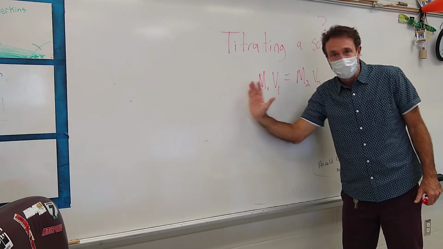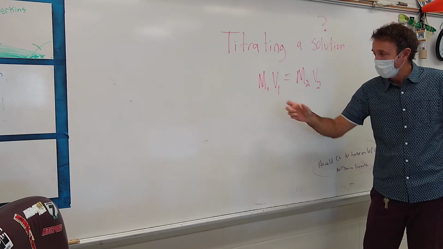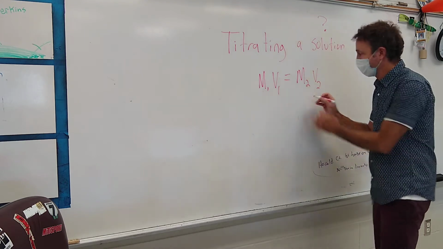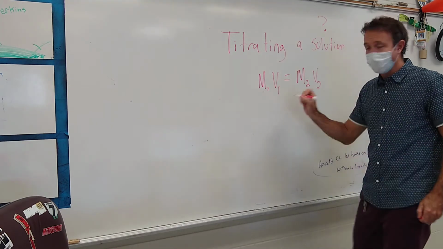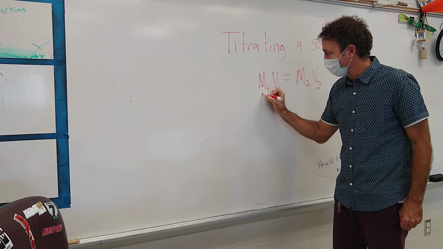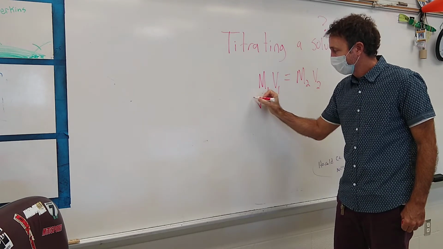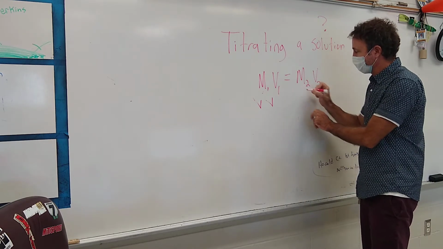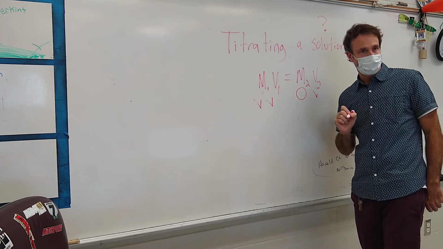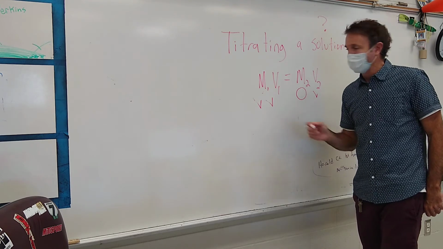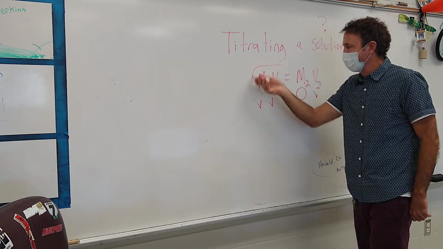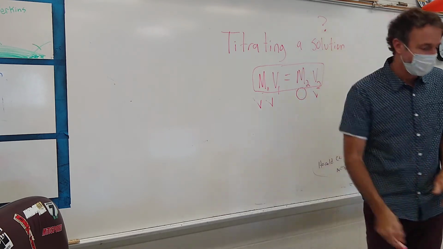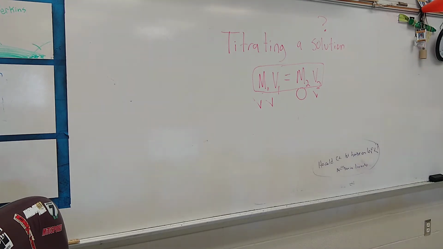Now, except for this, instead of diluting something, over here we'll have either the acid or the base, and over here we'll have either the base or the acid. So if we know the molarity and the volume of one of the substances, and we can calculate the volume of the other, then we can solve for the thing we're missing. Does that make sense? So we're going to be able to get 3 out of the 4 variables, and then do some algebra 1 to solve for the other. We're going to do what's called a titration.